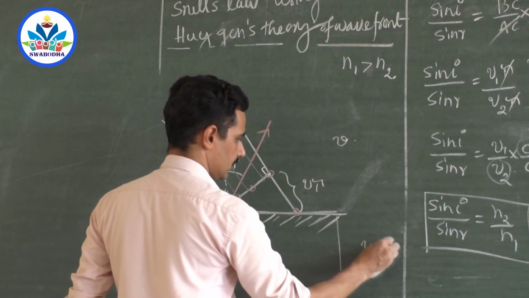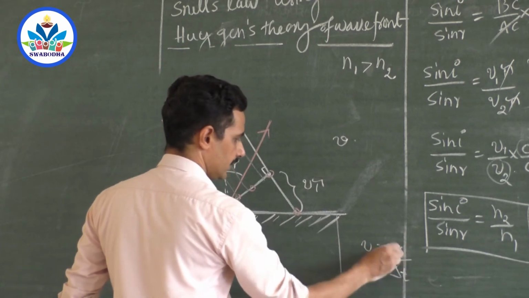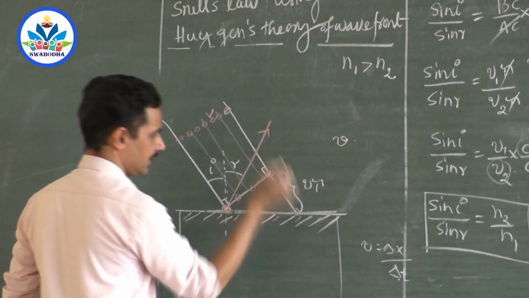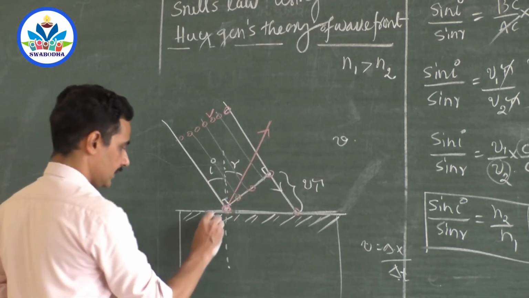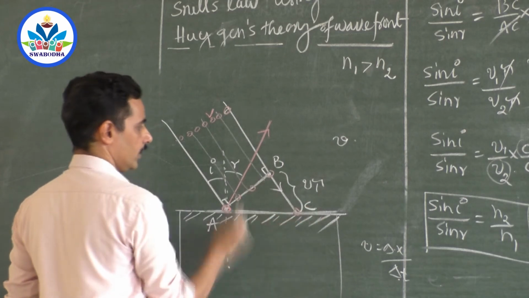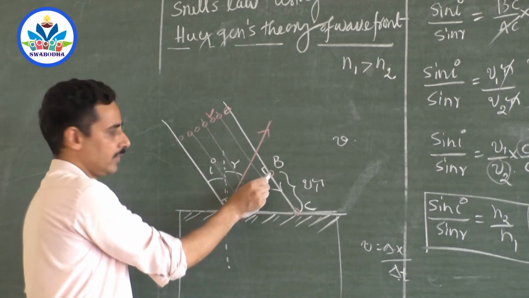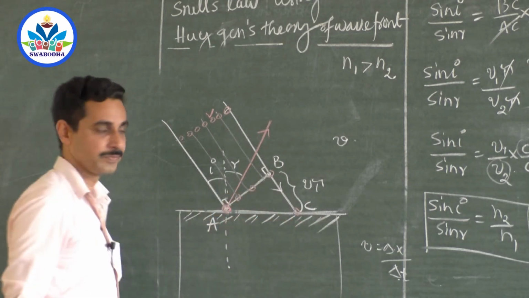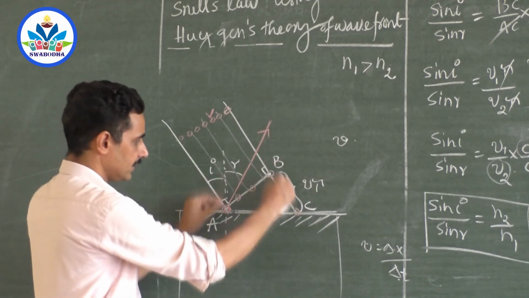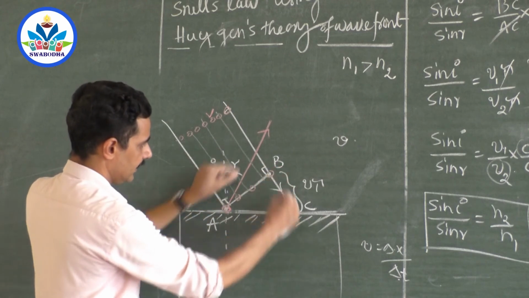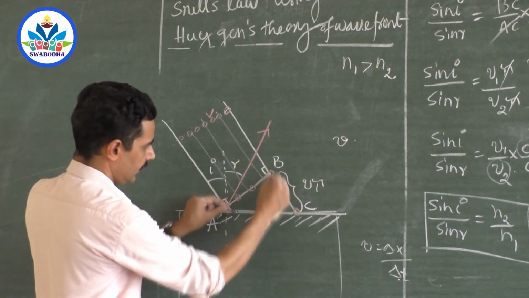So velocity equals displacement by time. Displacement is velocity into time, so it will travel V tau distance. I will write this as BC. So that secondary wave which was here has traveled BC in a time of tau. This one, when it is here, has started its reflected journey. This will come here and this will start here.